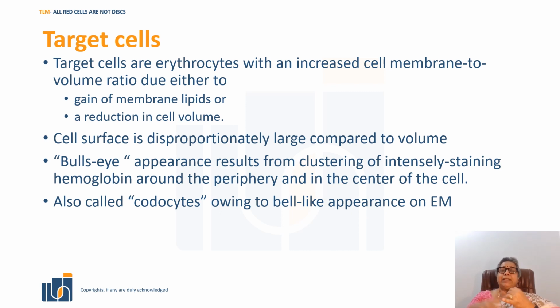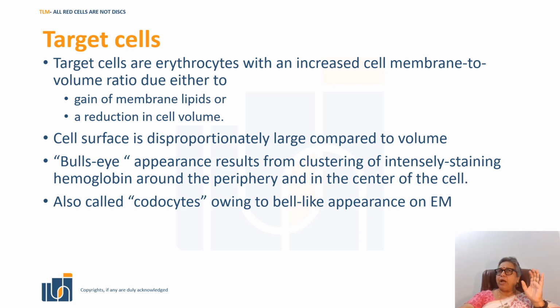Because there is a gain of membrane lipids or the cell volume gets decreased. Usually it is the cell membrane which gains lipids, and therefore the cell membrane increases in bulk compared to the volume. The cell surface is disproportionately large compared to the volume.